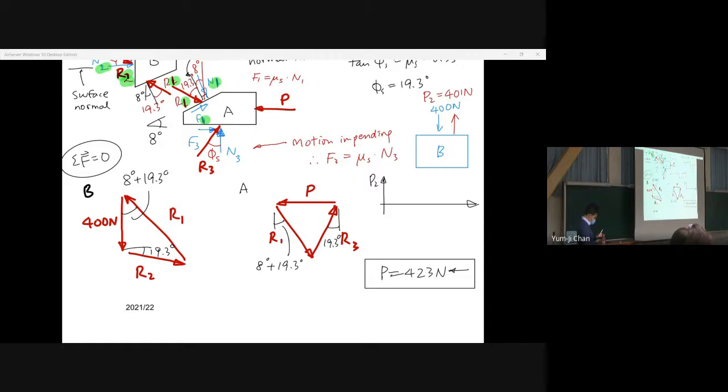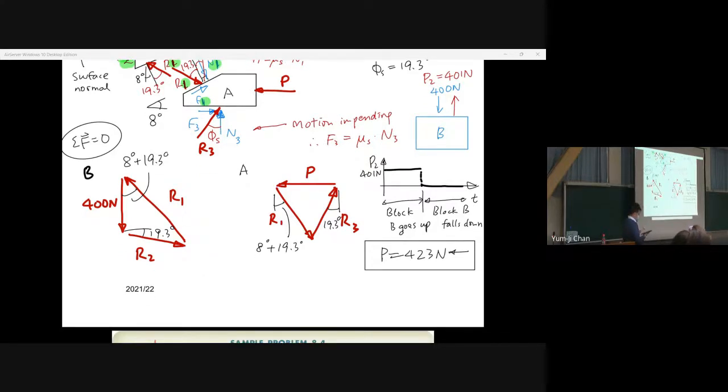But consider this case: if we have 401 newtons, this block B will go up. And if the force is smaller than 401 newtons, or I release the hand, block B will fall down, right?